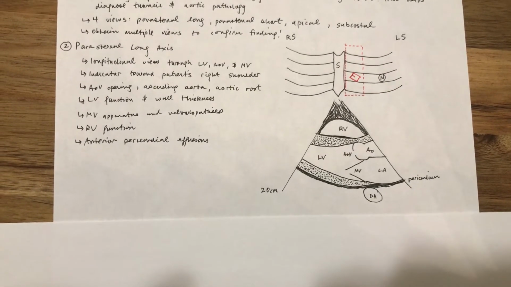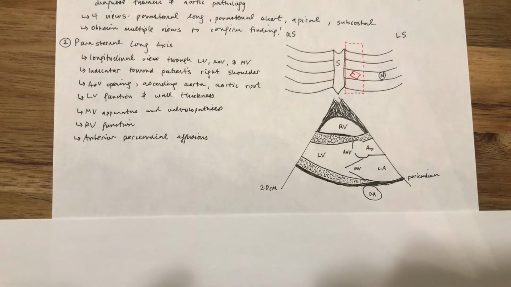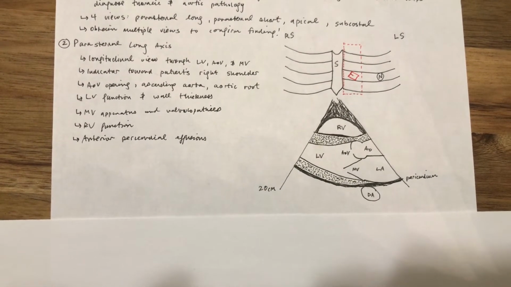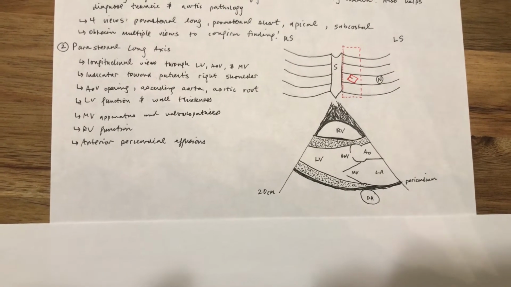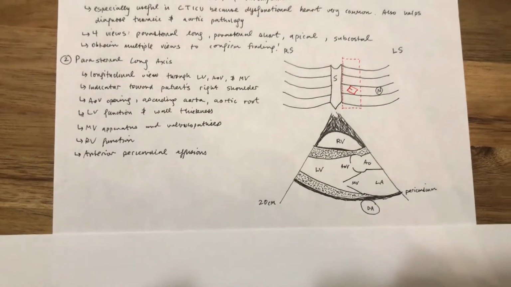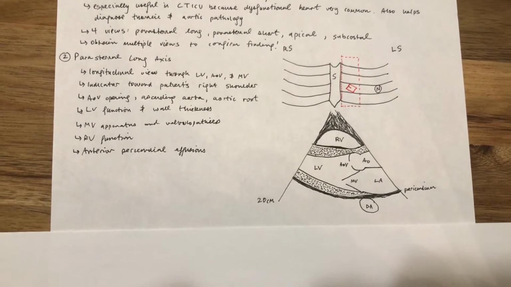What this is, it's cutting longitudinally through the left ventricle, and you're seeing the free wall of the right ventricle. This is the most useful view for LV.